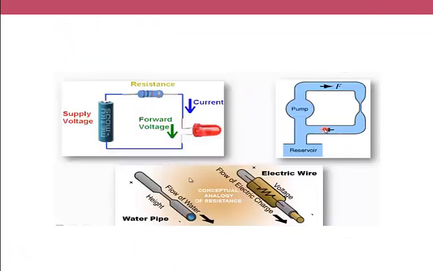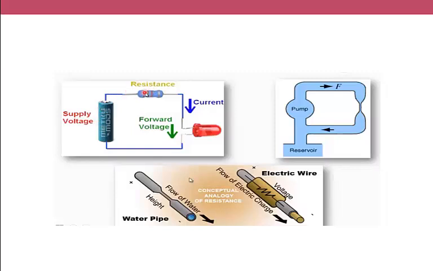In this slide, we have the analogy between a mechanical system and an electric system. Here we have a pump, and the pump pushes water inside the pipe. We have a throttle or a valve, and the water is flowing through this pipe. The same applies for electric circuits. We have a supply voltage, which is a battery.